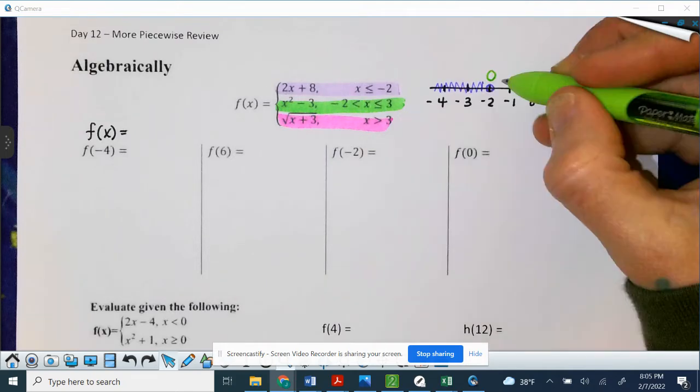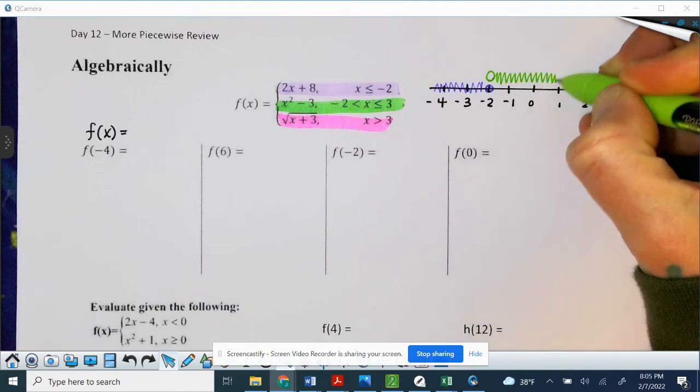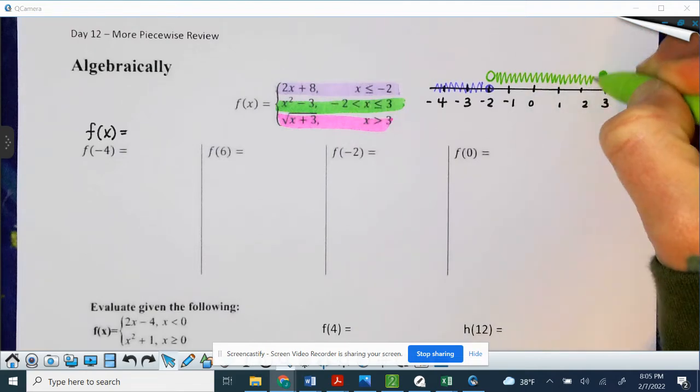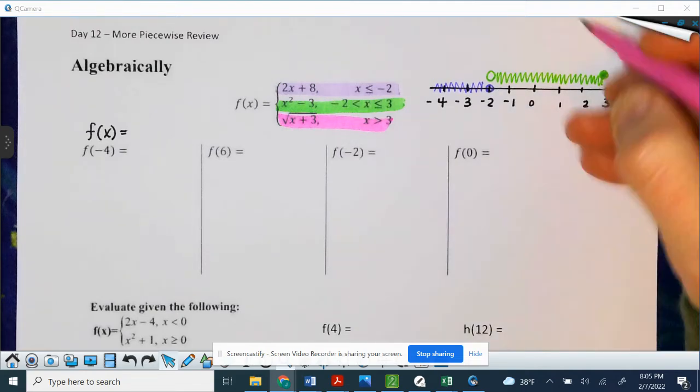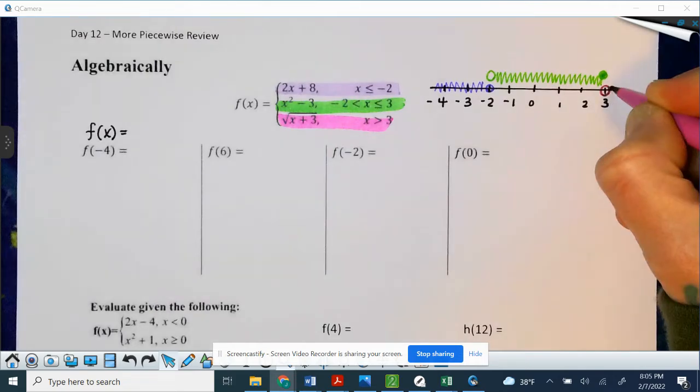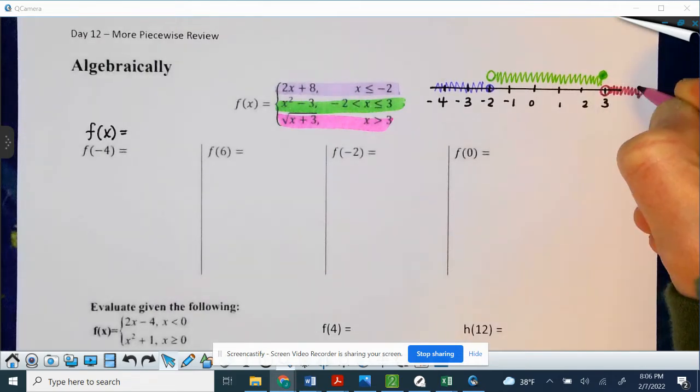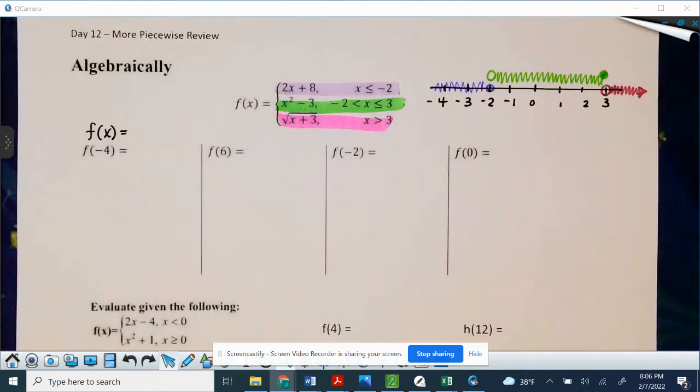All the numbers in here are going to be green. Then an open circle at 3 for pink, and everything to the right. So 4, 5, 6, 7, and 8 are going to be used for that pink function. Again, this is one-dimensional, but look at it as though it is the x-axis, and there's going to be a graph around it.